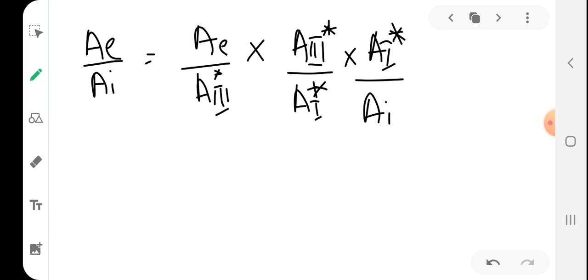A1 and A2 are cancelled because A1 is equal to A2.